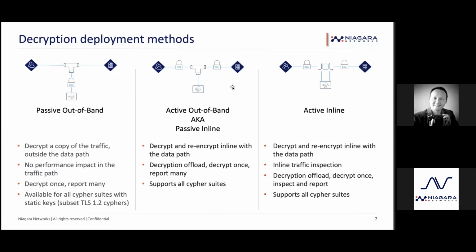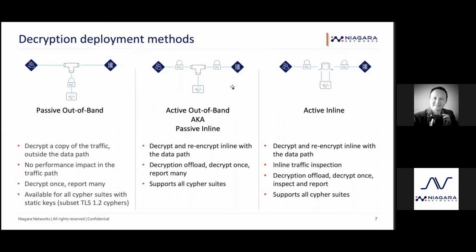If you look at SSL offload, it means that you decrypt the traffic and send that decrypted traffic to multiple inspection or reporting appliances. So not each and every appliance needs to have its own decryption in order to inspect the traffic.